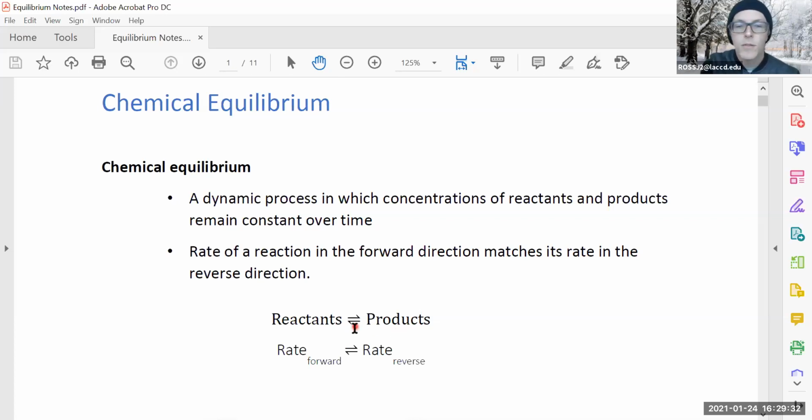Notice the symbol for equilibrium, these single-headed arrows. Oftentimes you'll see people butcher the notation, but we are not butchers, we're chemists. So the single-headed arrows are like this for equilibrium.